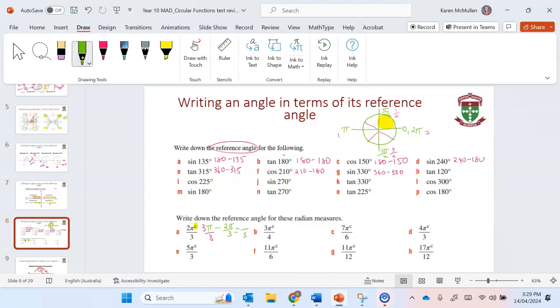So we keep the denominator as 3. When we're adding or subtracting fractions, we keep the denominator the same, and then just, in this case, subtract our numerators. So 3 pi minus 2 pi is going to be pi on 3.